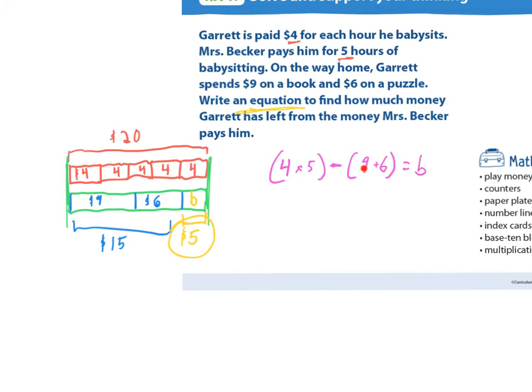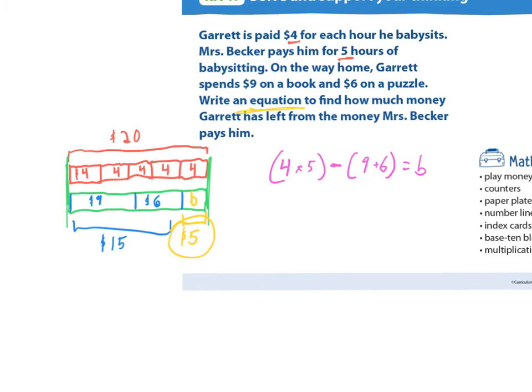Again, I get it. This is a big, complicated equation. But if you just think about it in the order that they happened, it might be easier. He worked for 1 hour, he got $4, but he worked for 5 hours, so he got 4 times 5. Then he went and spent some money on 2 different things, and this is how much he ends up with. From here, we can break this down.